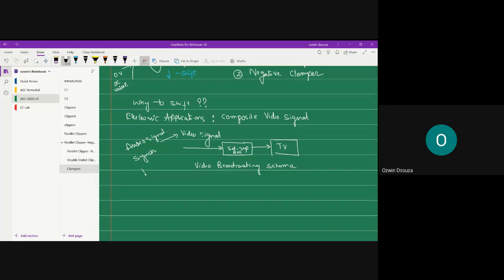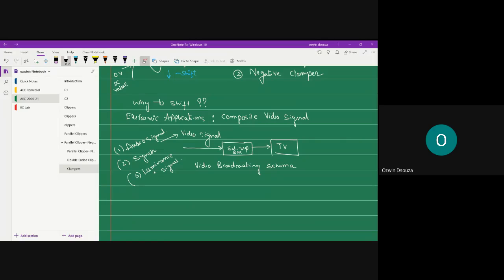And you will also have the luminance signal, basically consisting of the color information. Later on that color information gets the shape of a picture. So you can see that your video signal consists of three signals.